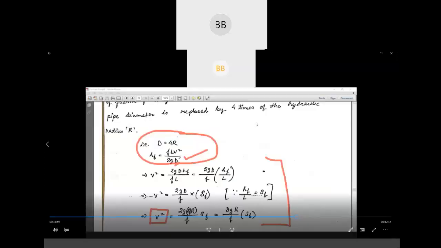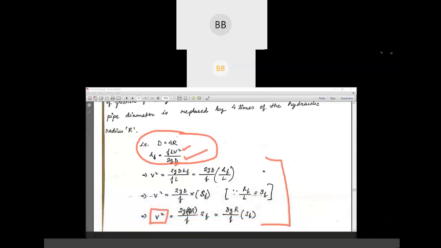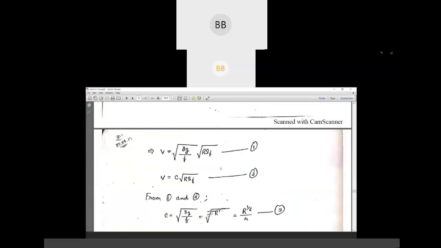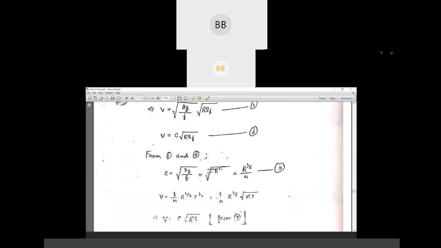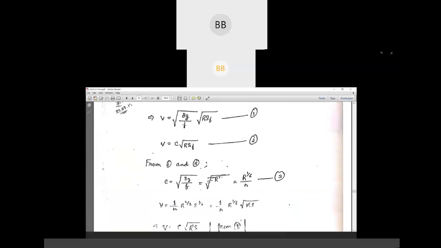From this equation, in place of D, we substitute 4R and we try to find the expression for v square. So this is the expression we are getting finally.